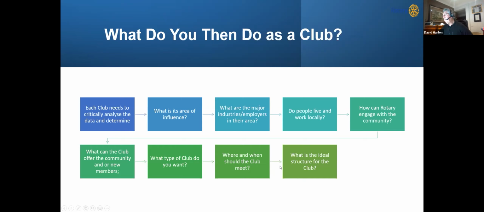We've got to be flexible enough to determine that we might need to have different meeting times. I go back to probably one of the most successfully growing clubs in Australia, which is in Seaford, South Australia. They have an interesting meeting structure where they meet for planning one of the nights during the week.